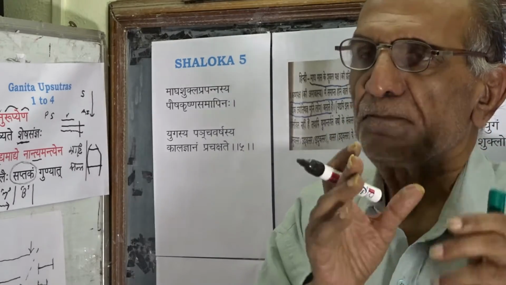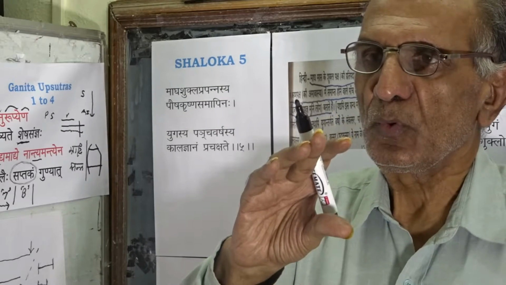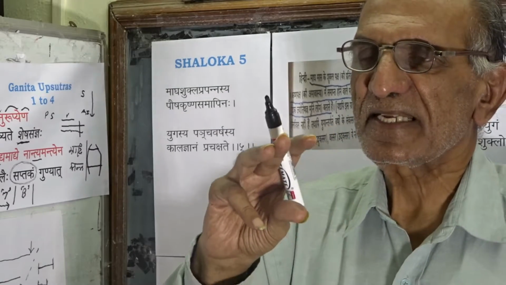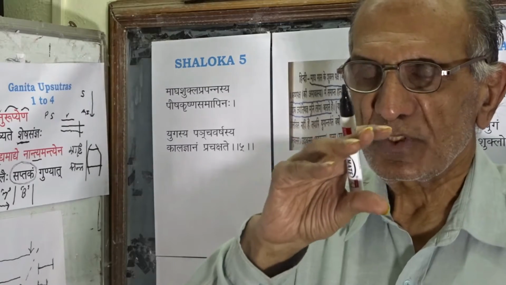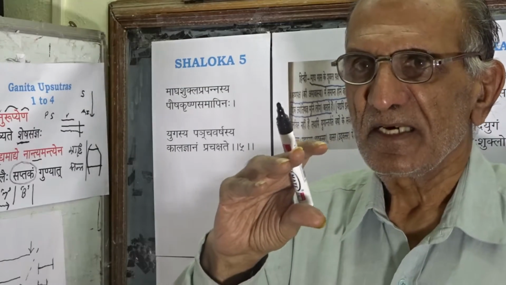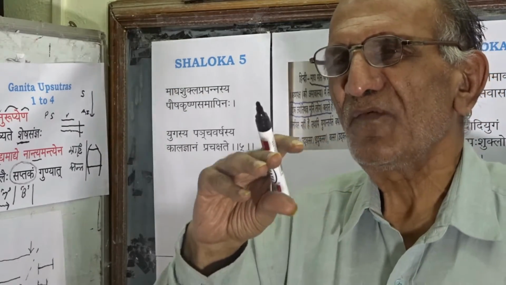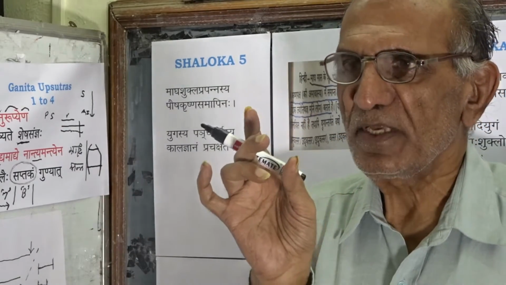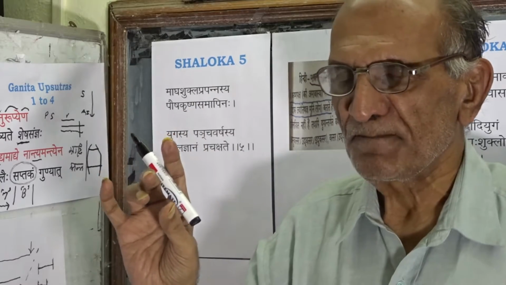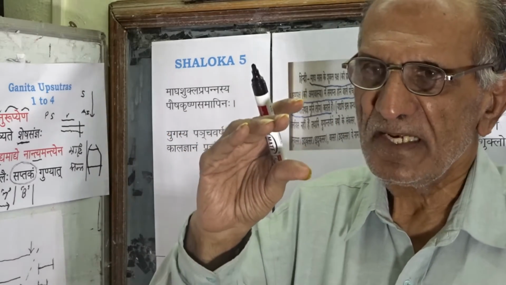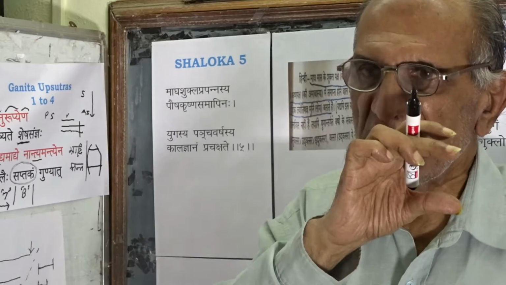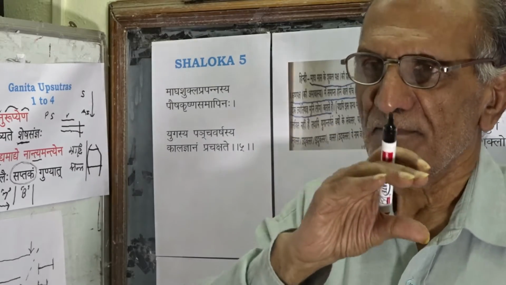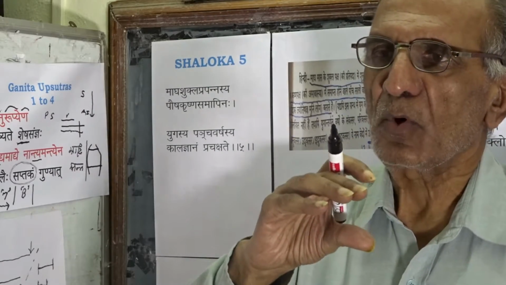Let us first go through the original Sanskrit text. This original Sanskrit text is also in a very simple format because the focus is to be upon the formulations. Thereafter, let us go through the Hindi translation given in the book.